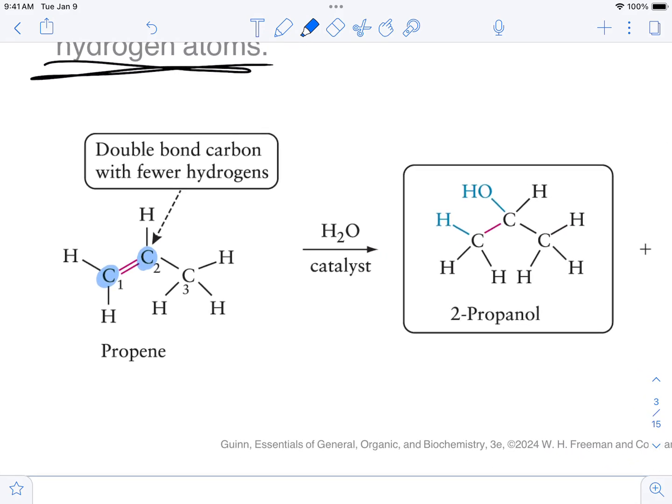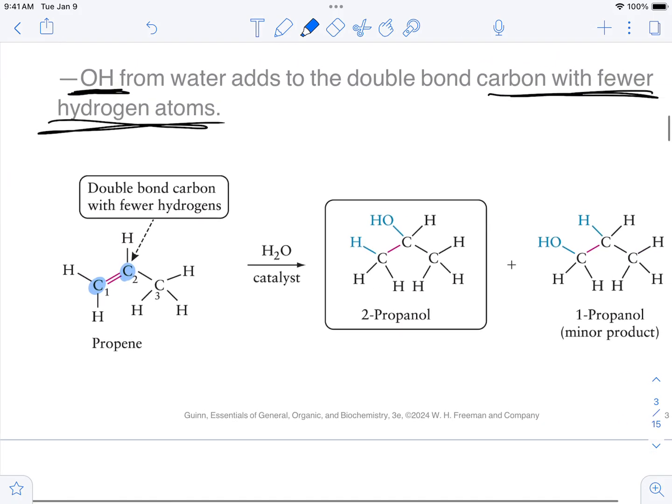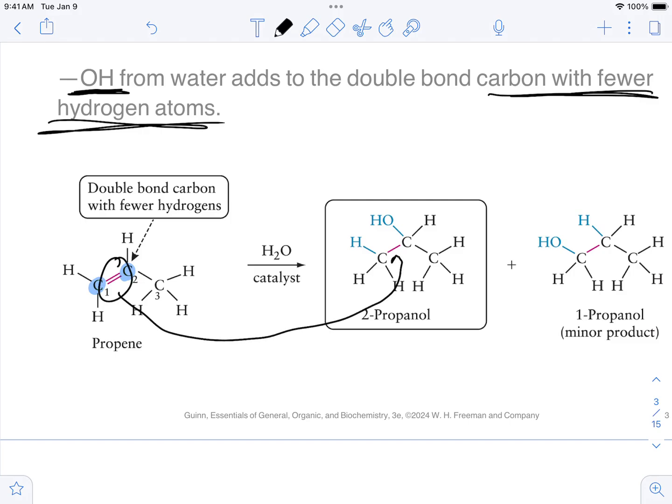Carbon 1 has 2 H's on it, and carbon 2 only has 1 H on it. So the OH is going to go to carbon 2 because it has fewer H's. And then the H will just go to carbon 1. Notice what happened to the double bond here. It went from a double, an alkene, to an alkane, a single bond.